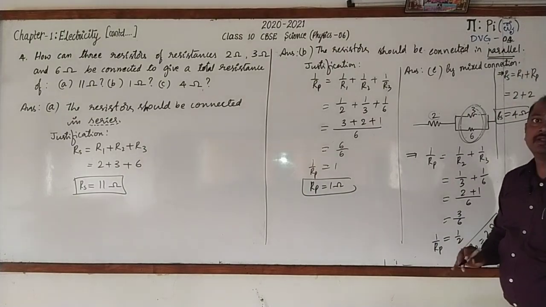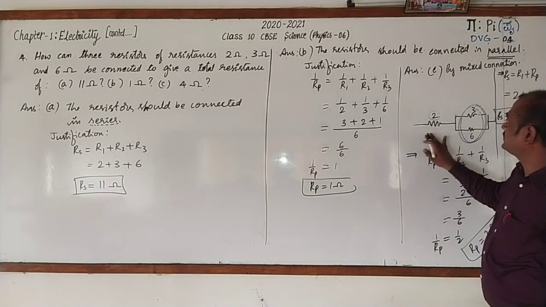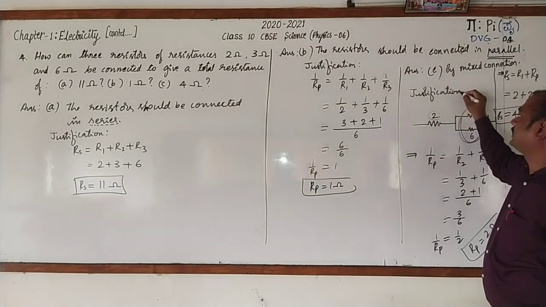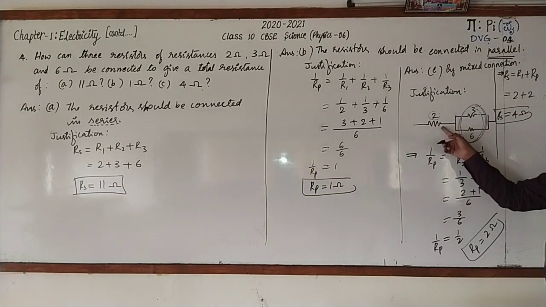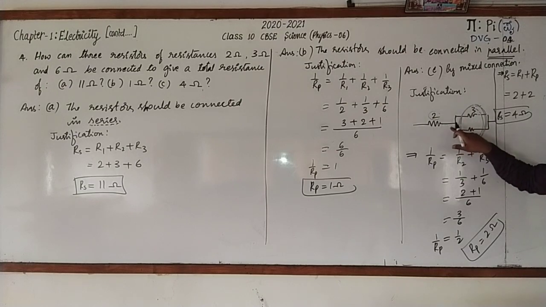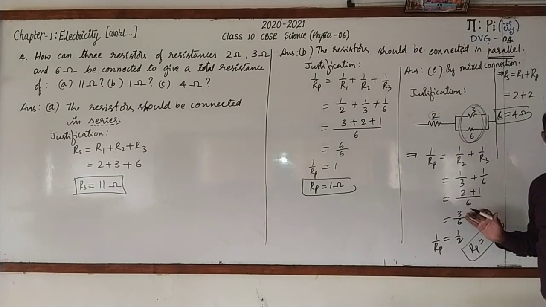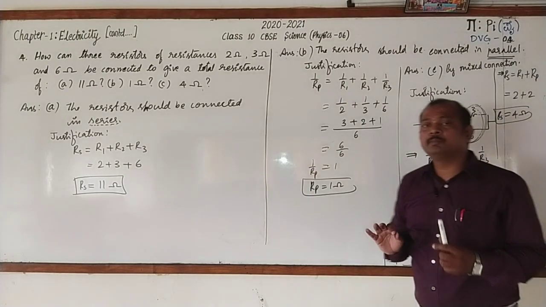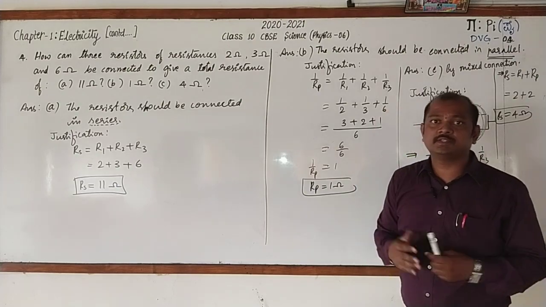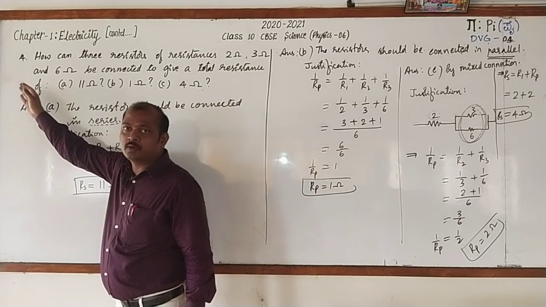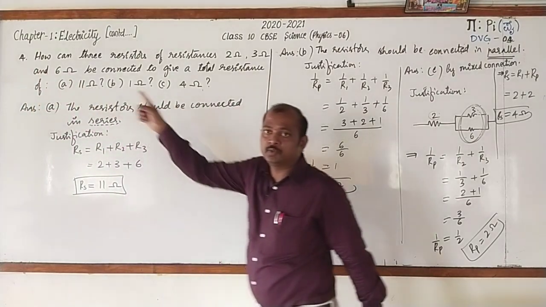Clear? So for justification, we have shown the circuit as well. See that 2 ohm is connected in series with the parallel connection of 3 ohm and 6 ohm. Understood? So this is one of the important type of problem to be asked in the examination. Please do practice. Now, please copy from there to here.